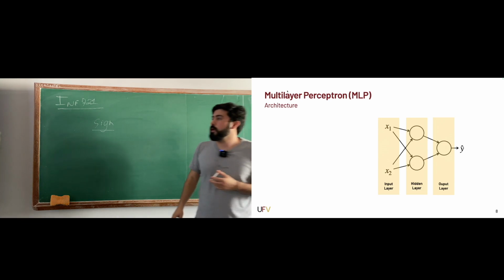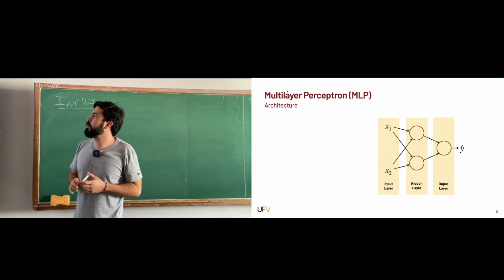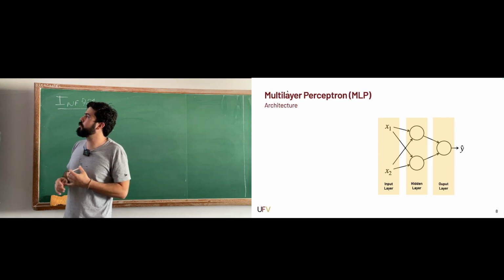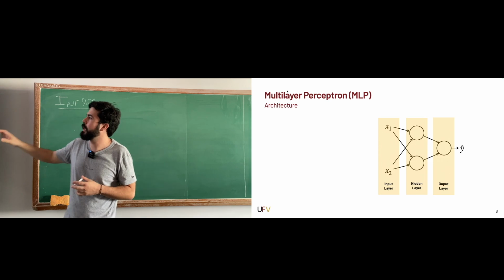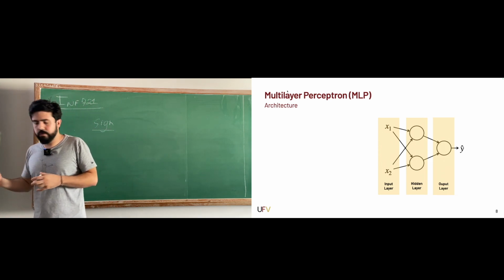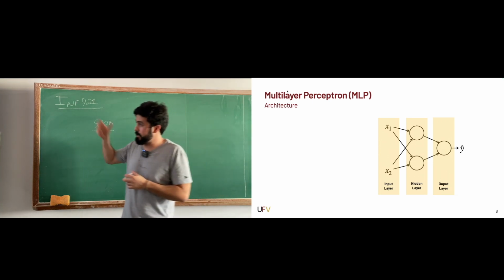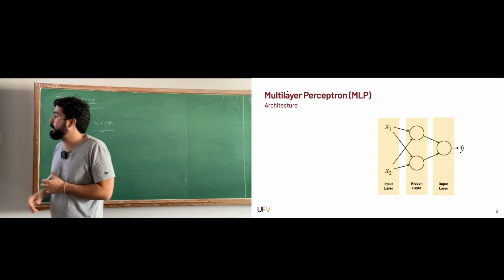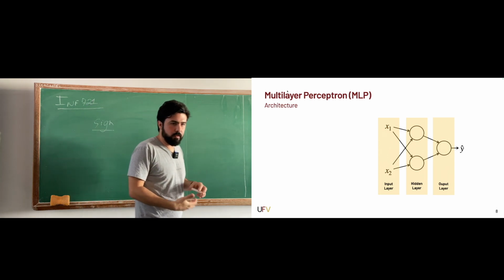We give specific names to certain parts of this neural network. First of all, we say that a neural network is organized in layers. So the first layer is called the input layer, and even though it's a layer, it doesn't have any trainable weights associated with it.